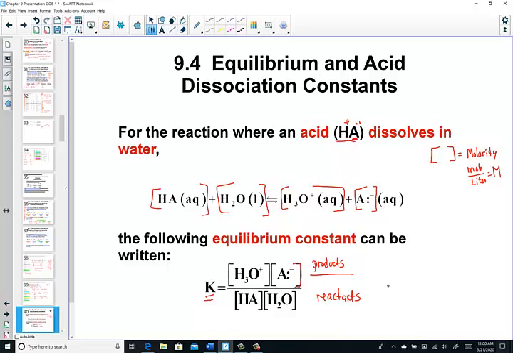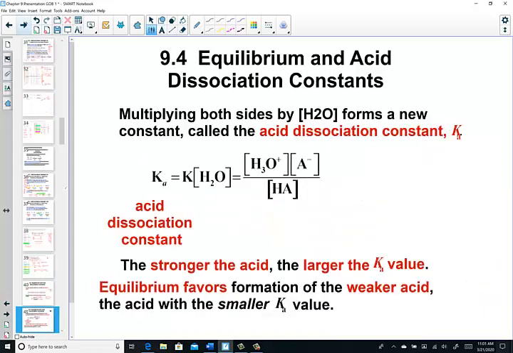Products over reactants. Remember, these are multiplied, right? So when I say species A times species B and we have C, D, remember this is all multiplied in those species.